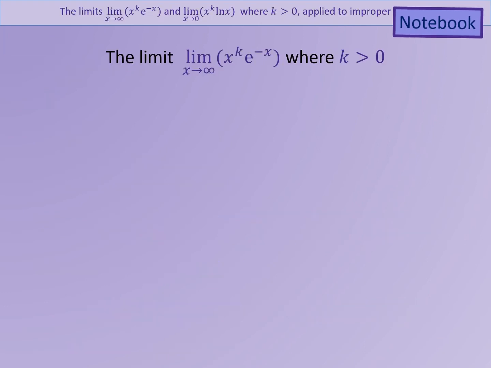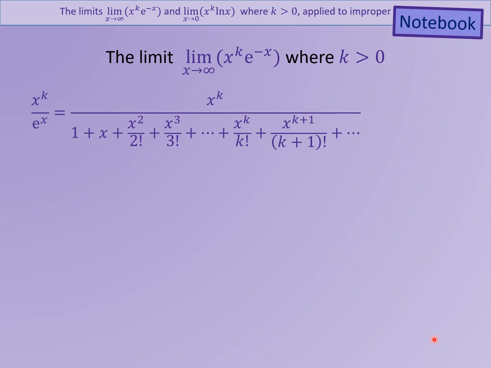Okay. So this limit that we just looked at, we did it for x cubed, can be done for any general k value or any general power, and the results are always the same. It's always going to be equal to 0. But you need to have the ability to prove it, and you can prove it using Maclaurin series, using that technique we just looked at. So I've written it as a quotient, and I've used the power series to rewrite the bottom bit, e to the x.